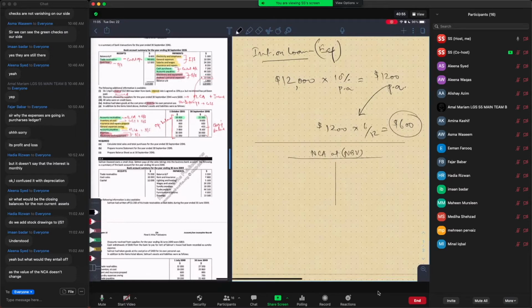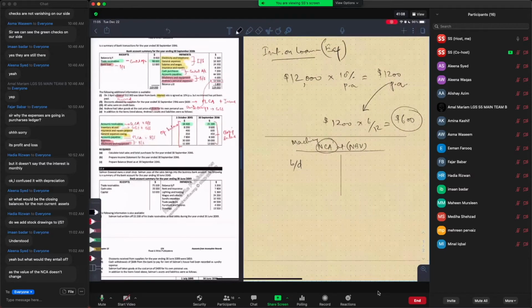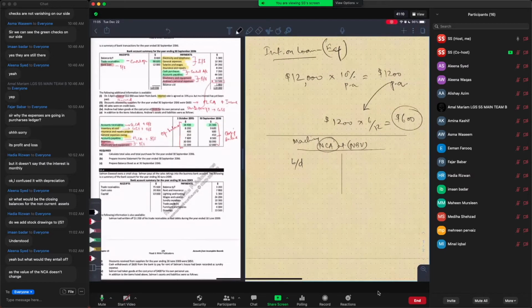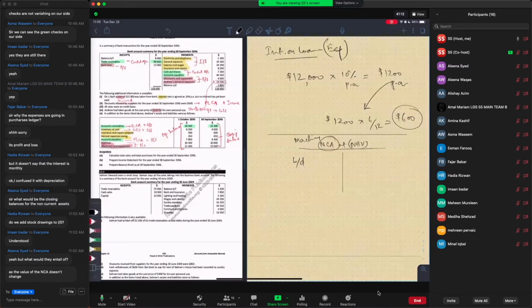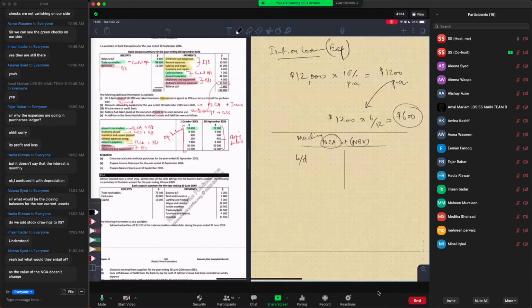So we have the balance brought down. In this case, the non-current asset is machinery. Let me just do it for machinery. The balance brought down here is obviously the opening balance, which we will find here. This is our opening balance for the machinery and equipment, $11,000.